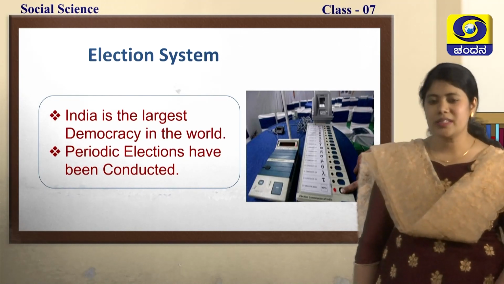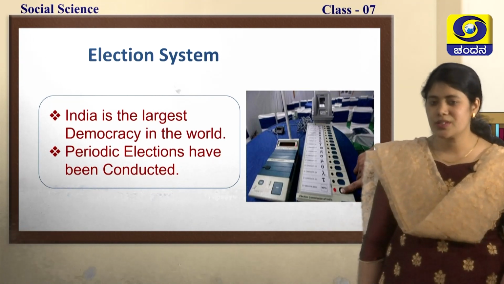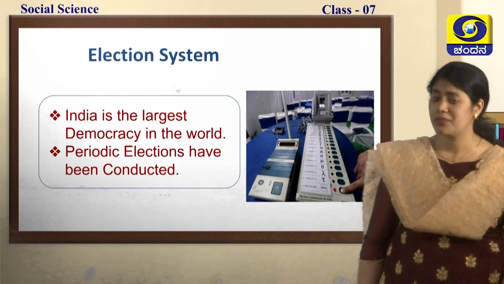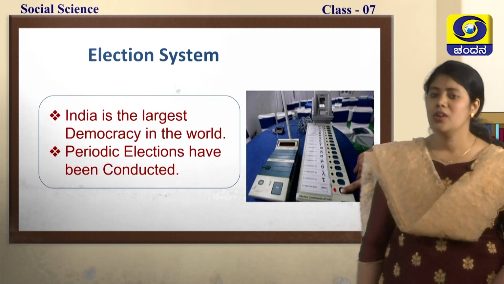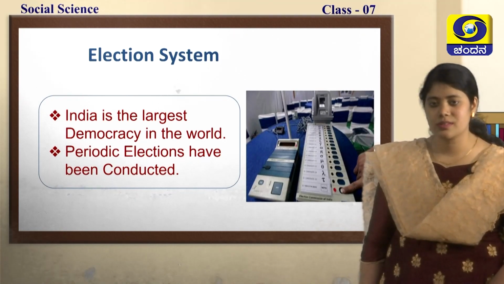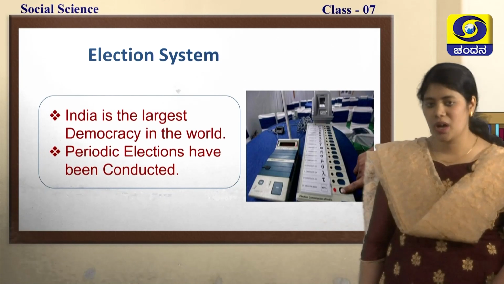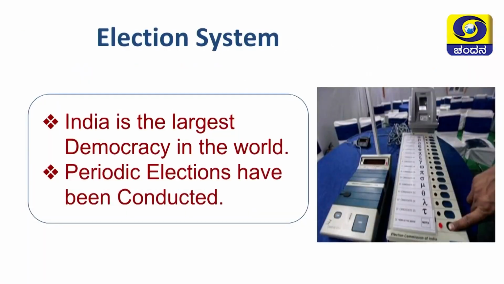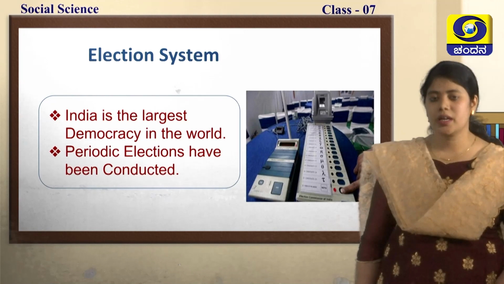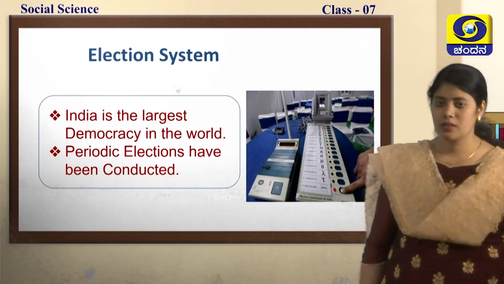The general election for the first time was held in between 1951 to 52. From there on, we have periodic elections. Every 5 years elections will be conducted. Okay, fine. So, these are the features of the constitution.